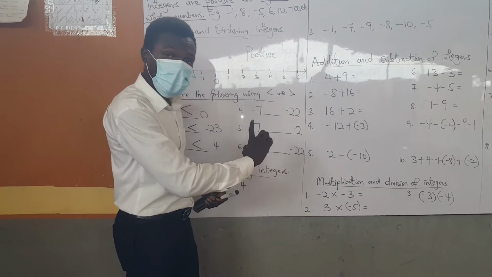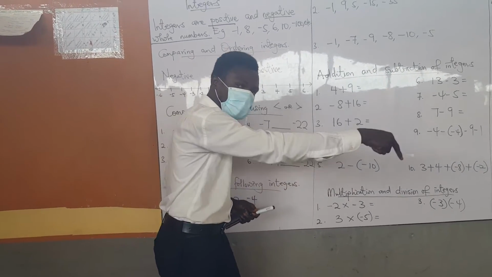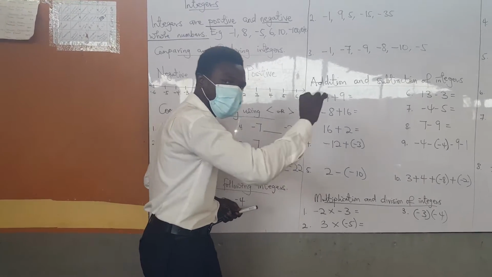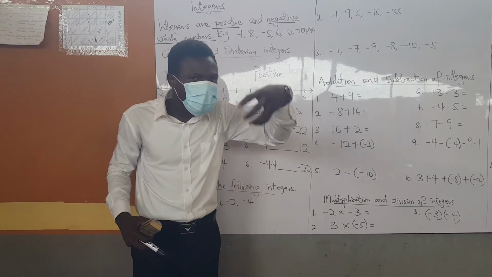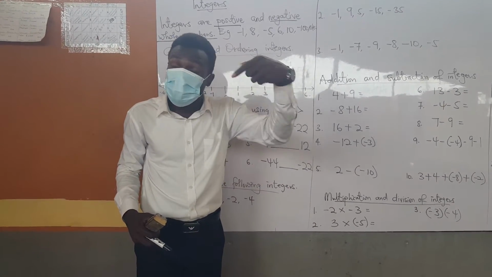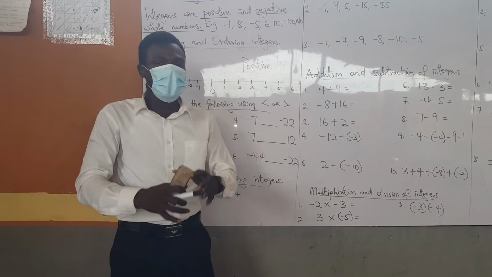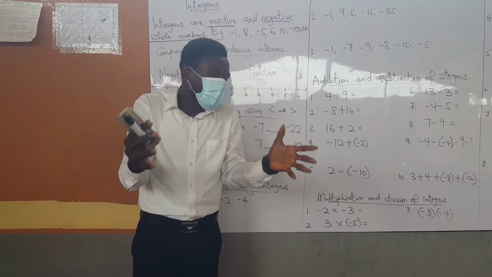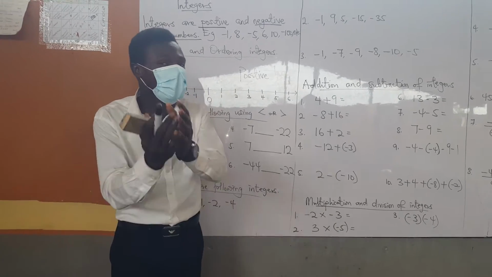Okay, so let's look at the number 4. Negative 7 being compared to negative 22. Remember this, the greatest number with the negative sign is the least. When we say greatest, the huge, the big number, the one with the negative sign, that is the least.